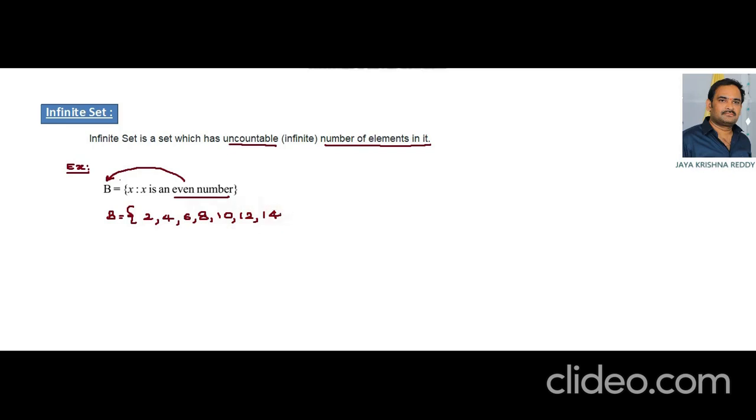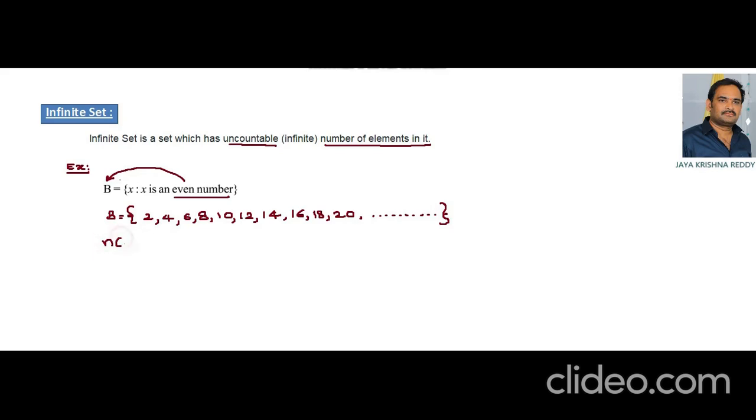But the even numbers will not stop at 14. It will go on 16, 18, 20 and so on. We cannot write all the even numbers because it has no end point. So let us write like this and close the bracket. So B equals {2, 4, 6, 8, 10, 12, 14, ...}.